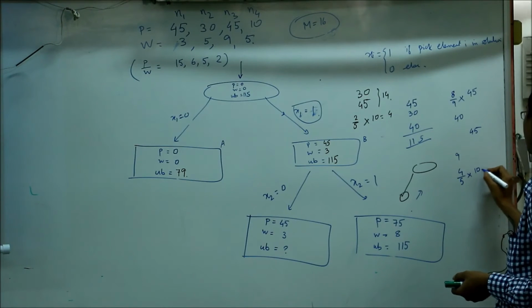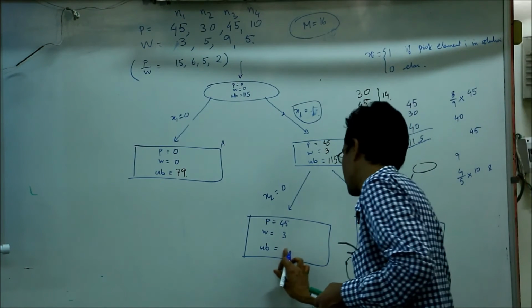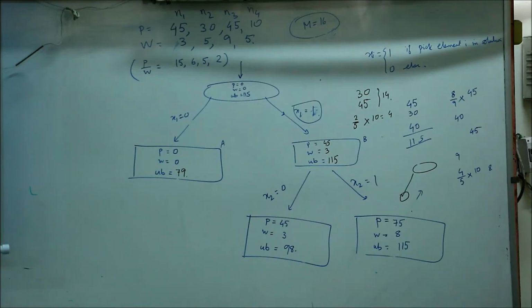So this is 8. Right, so 45 plus 8 is 98.